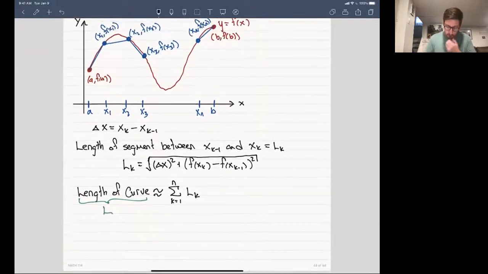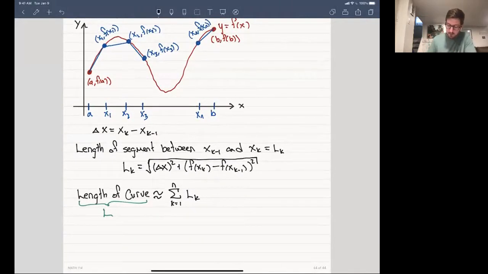So what we're going to do is simplify this f of xk minus f of xk minus 1, and we're going to do that using the mean value theorem, right? One of the most important theorems in all of calculus, maybe second only to the fundamental theorem of calculus itself. Let's see.